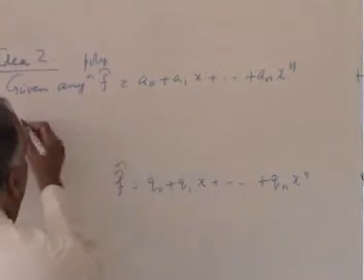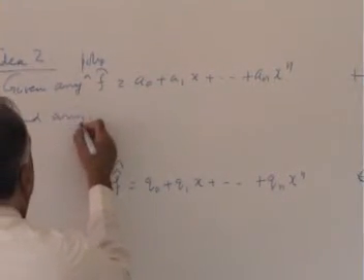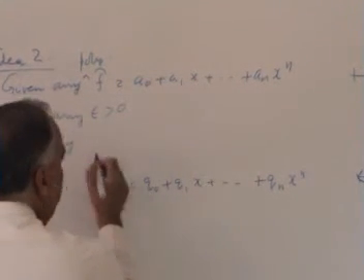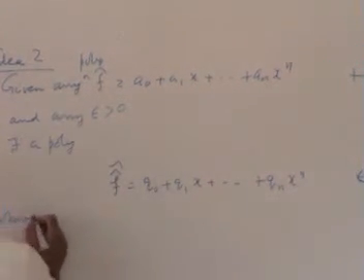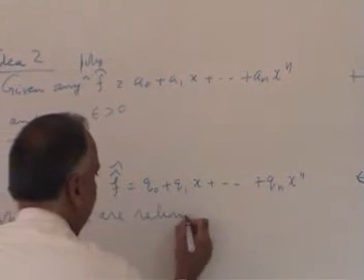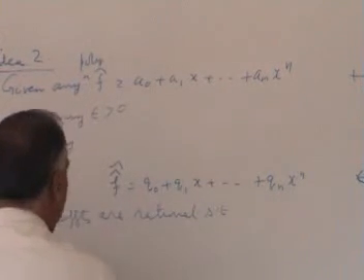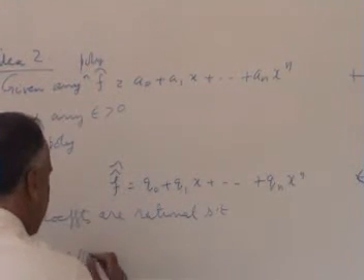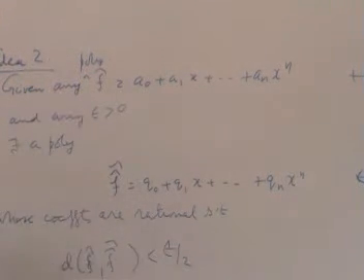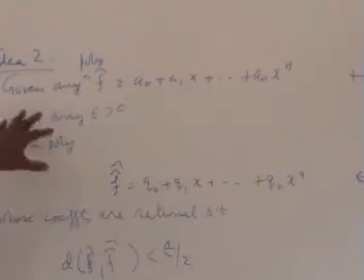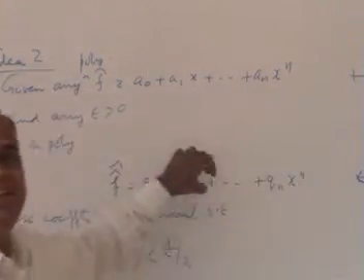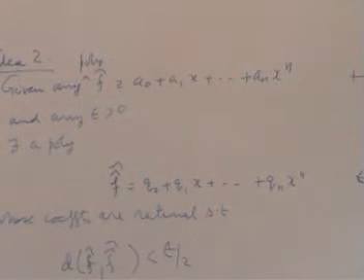So given any epsilon positive, there exists a polynomial f double hat whose coefficients are rational such that the maximum of the difference between f hat and f double hat is less than epsilon. How do you do the approximation? Take the coefficients, approximate them, construct the rational vector, and write down the corresponding polynomial.